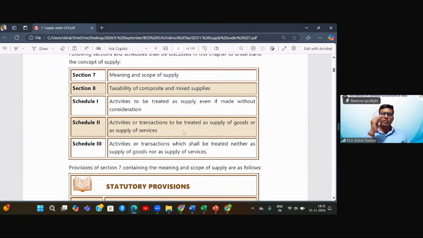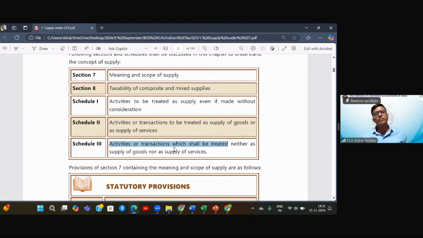So in supply, there are 3 schedules, 1, 2, 3, correct? Pay attention. When there are 3 schedules, Schedule 3 deals with what is not regarded as supply. The rule is you have to first check Schedule 3. So how to check whether your transaction is supply or not? First check whether your transaction fits in Schedule 3.